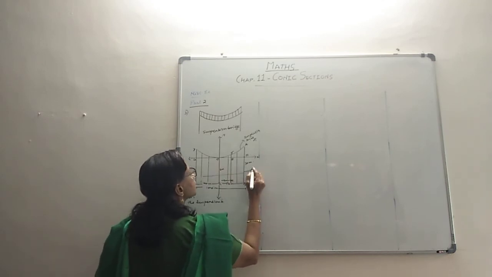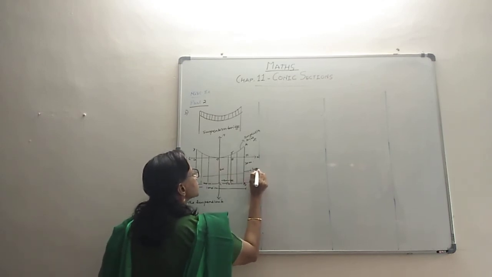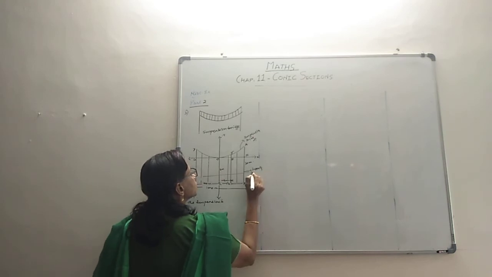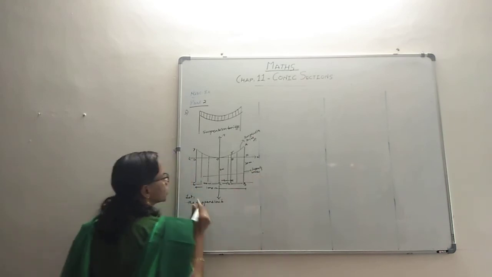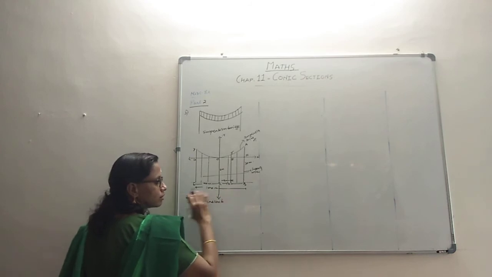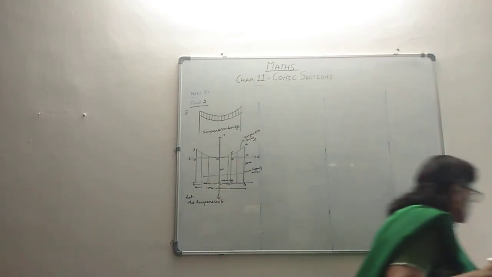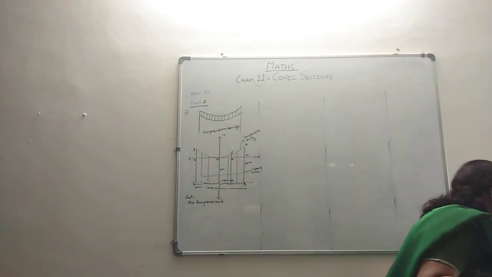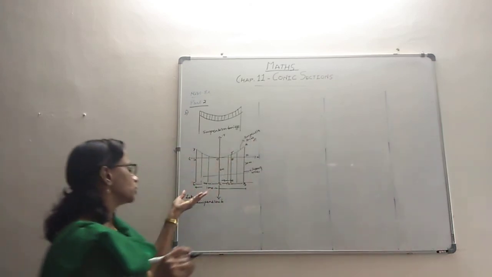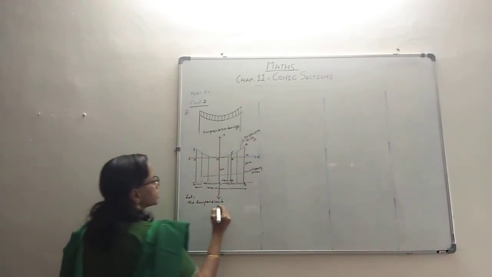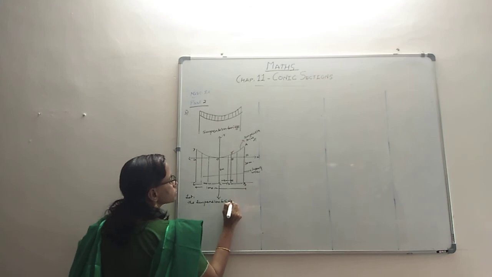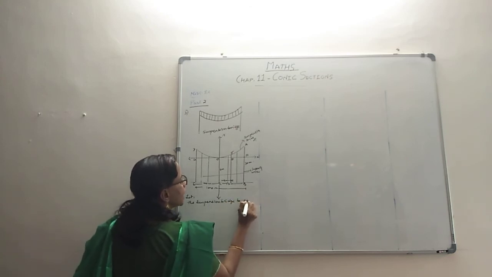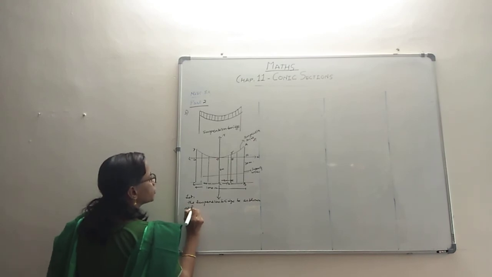If you want, you can write it like that to make the work easy. And this is the mid path, the roadway. They give that word roadway. Let the suspension bridge be as shown in the figure.